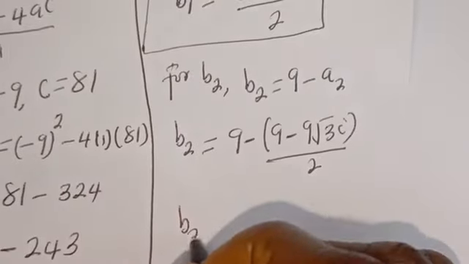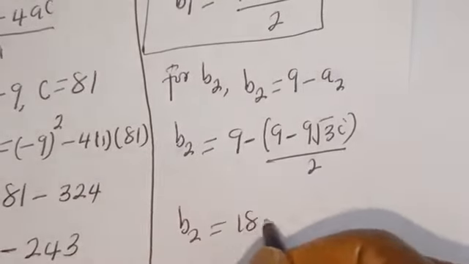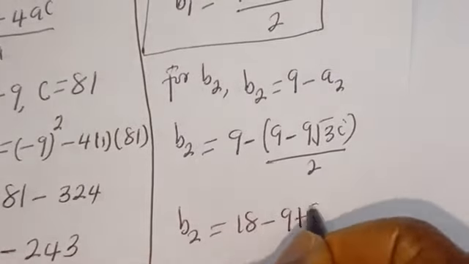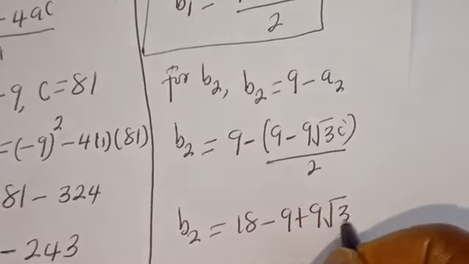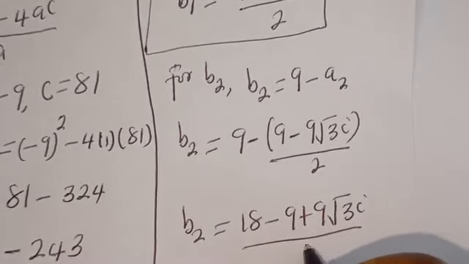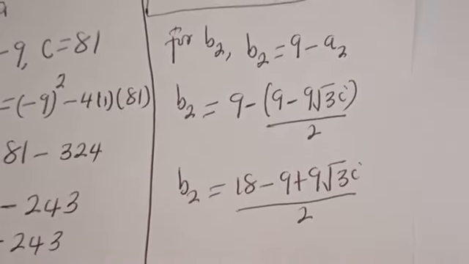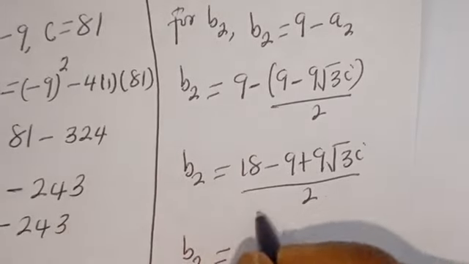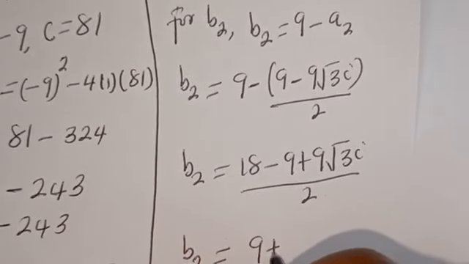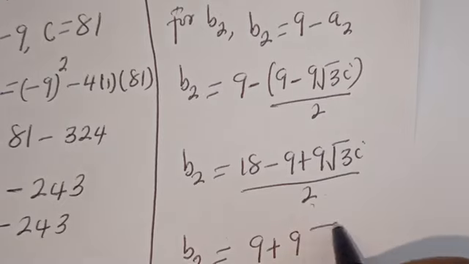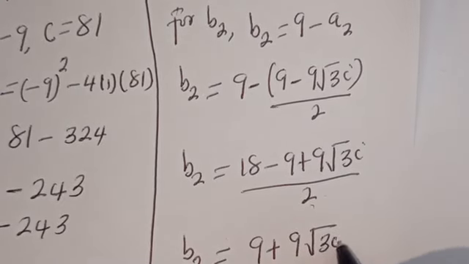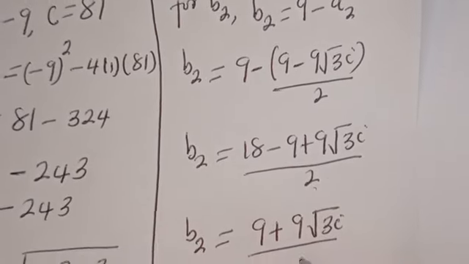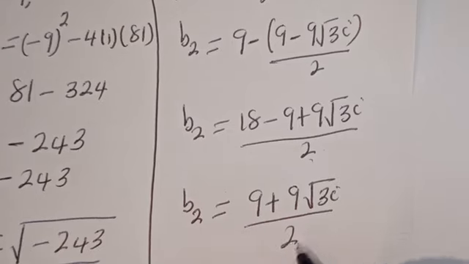Then b2 is equal to 18 minus 9 plus 9 root 3 i divided by 2. Then b2 is equal to 18 minus 9. This is 9 plus 9 root 3 i divided by 2.